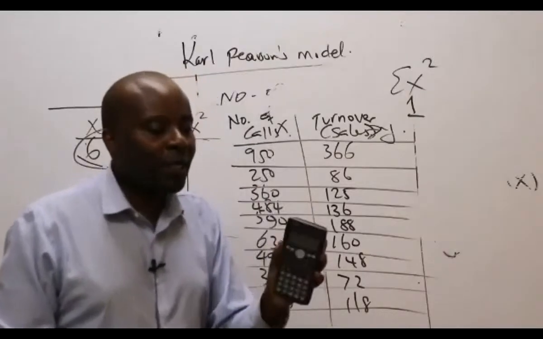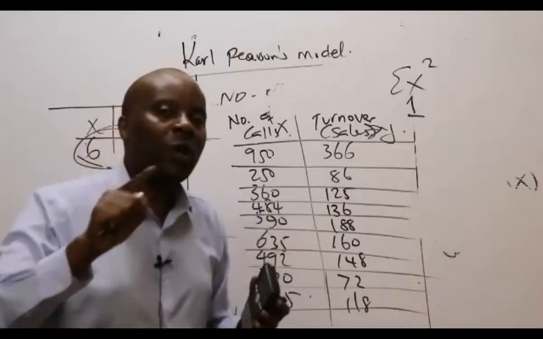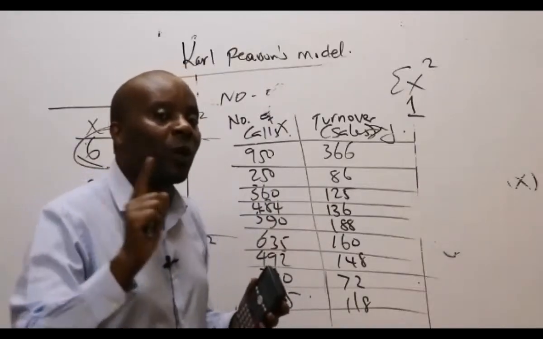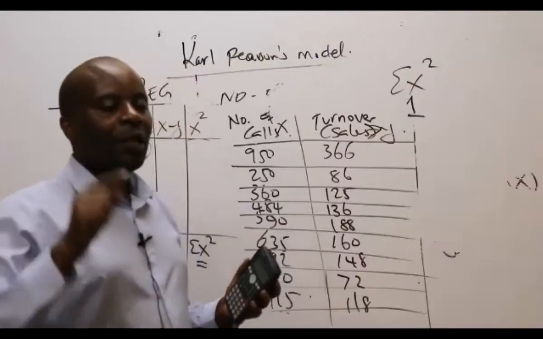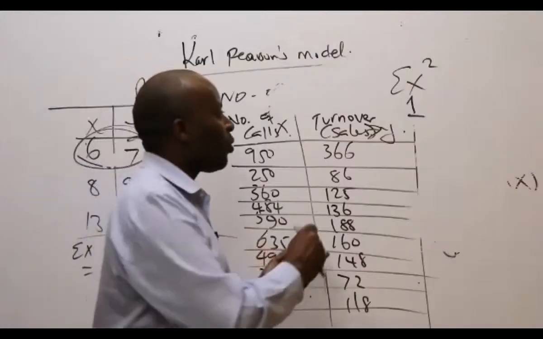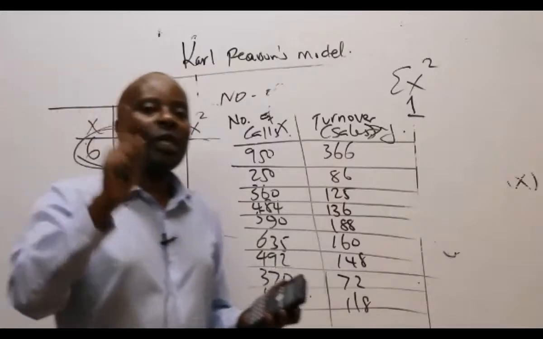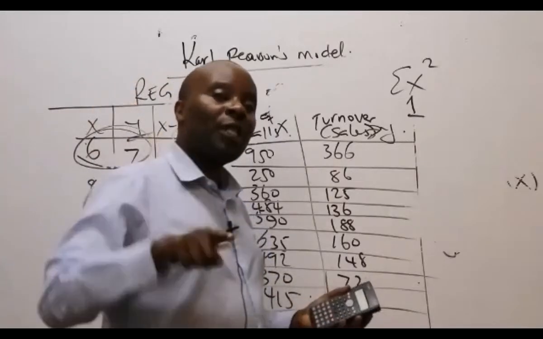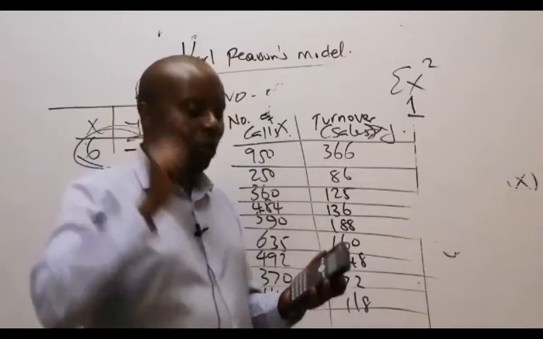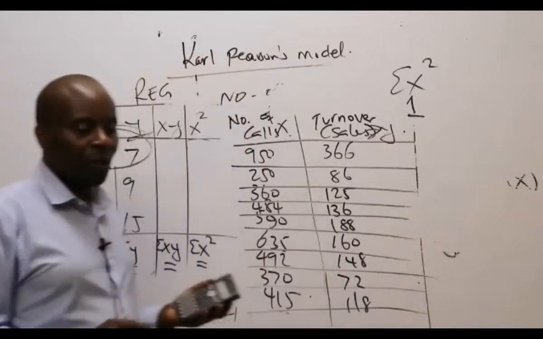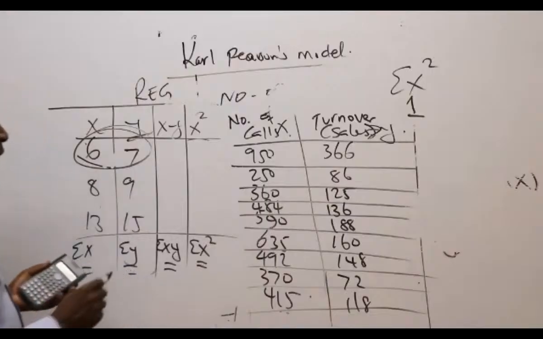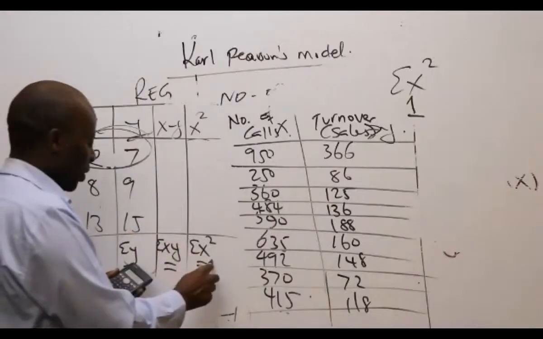You are seeing summation of x squared alone left on the screen. I've always seen students saying sum of x squared is 3. No. When it's left alone on the screen, it means you are now at a position of evaluating it, so you say equals.